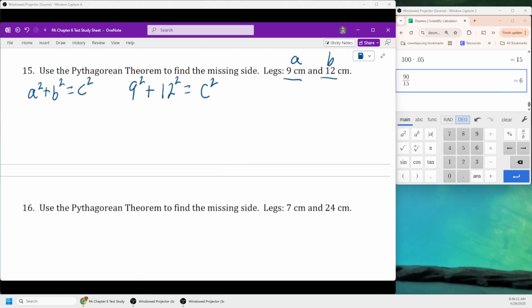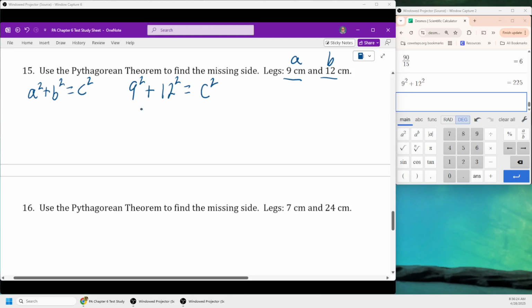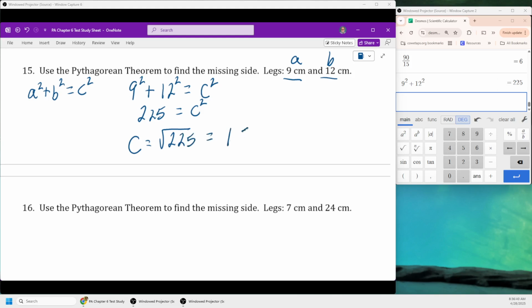If we put that into our calculator, 9 squared plus 12 squared gives us 225. To get C all by itself, we take the square root of 225. What is the square root of 225? 15 is correct. So the hypotenuse is 15.